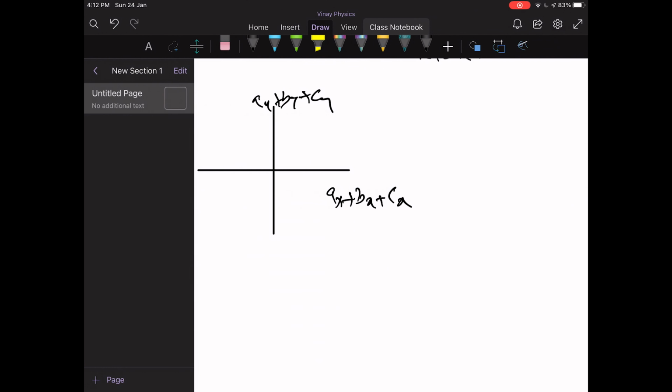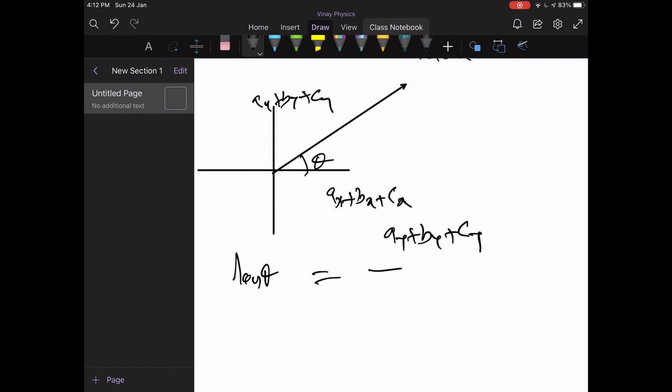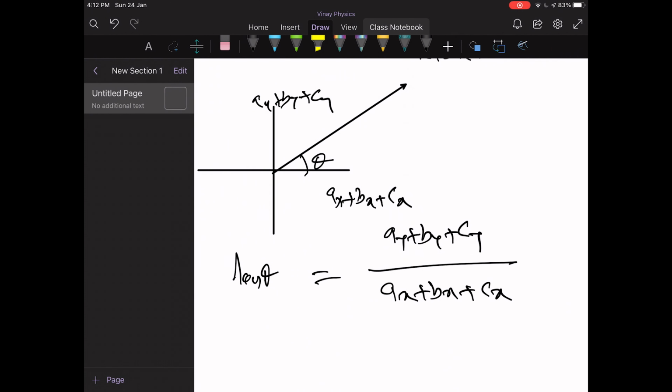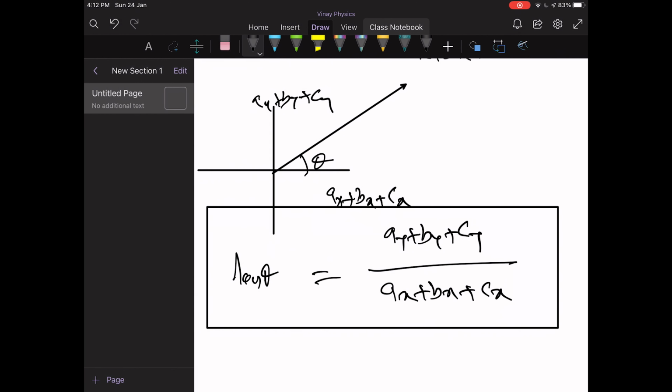Now, let us assume the resultant vector was something like that, and we had to find this angle theta. We know that tan theta is nothing but (AY plus BY plus CY) divided by (AX plus BX plus CX). This is very simple and you can get it out of trigonometry. Basically, tan theta is the length of the perpendicular divided by the length of the base. So this is our angle of the resultant vector from the x axis.